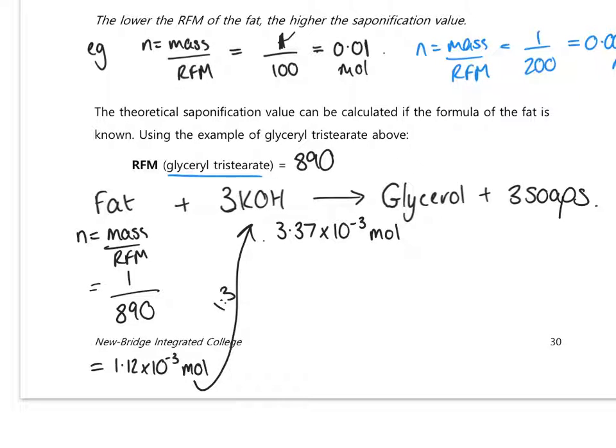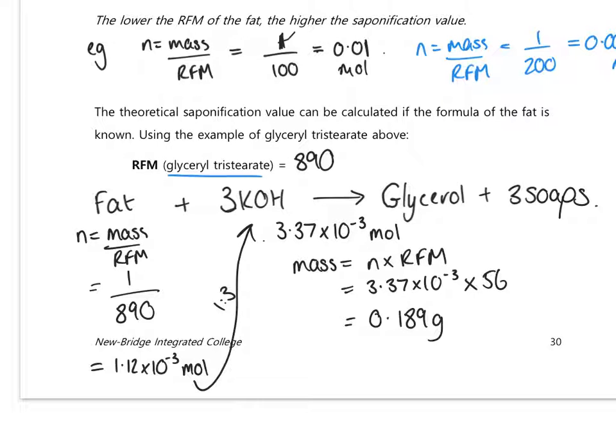Then how do I work out the mass of potassium hydroxide used? Mass equals N times RFM, which is 3.37 times 10 to the minus 3 times by 56, which should give you 0.189 grams.